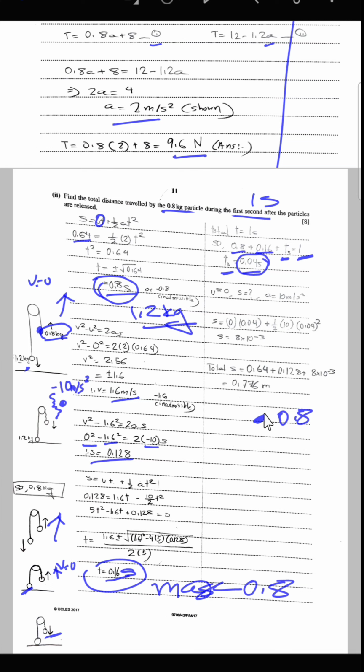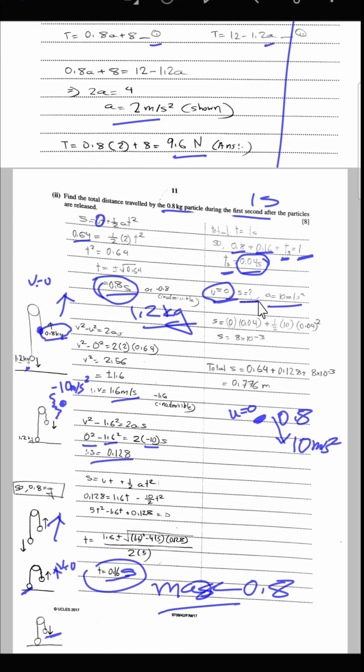For this time interval of 0.04 second, the 0.8 kg particle is at momentary rest, that means u is 0, at its maximum height. Since it is at maximum height, now it would move down, so acceleration is 10 meter per second square.